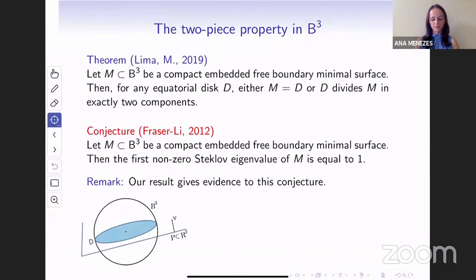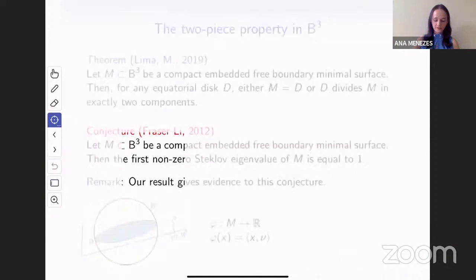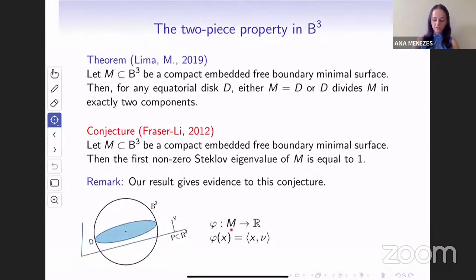If you want to prove the two-piece, you have your equatorial disk, you can take your normal vector to the plane, and you define your height function on the surface. Since M here now is a free boundary minimal surface, you get that the Laplacian is 0 and the normal derivative is itself.